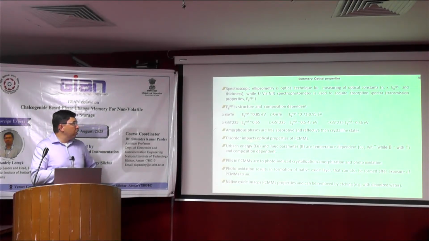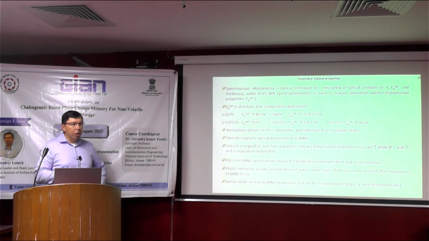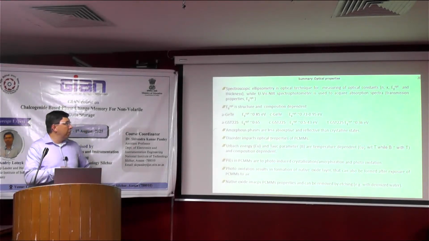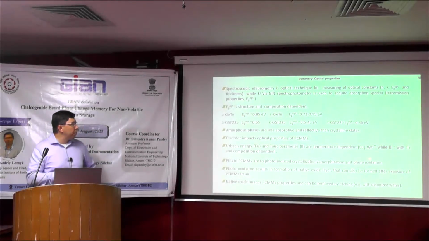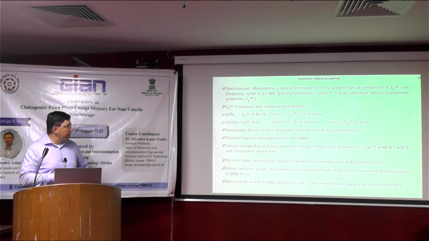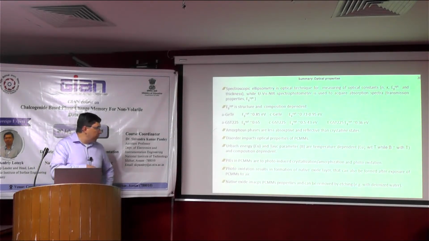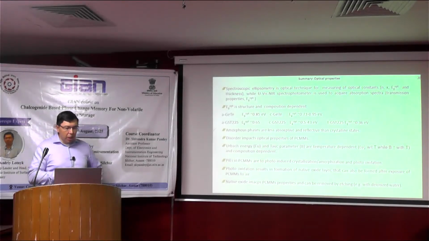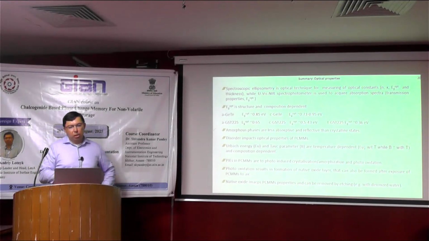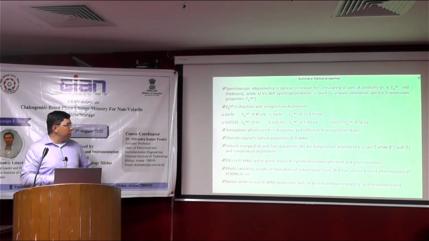Also, we saw that disorder impacts the optical properties of phase change memory materials. We also found that Urbach energy and Tauc parameter are temperature dependent and composition dependent. We also saw some photo-induced effects in phase change materials, which are photo-induced crystallization, amorphization, and photooxidation.